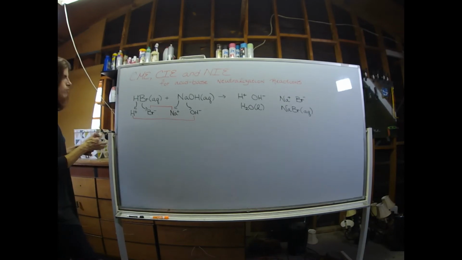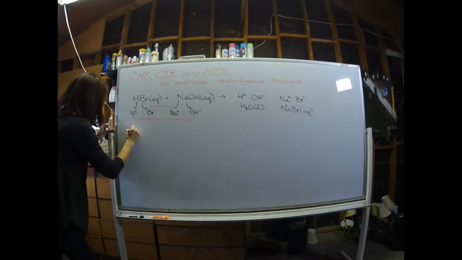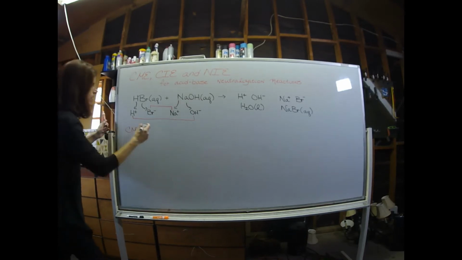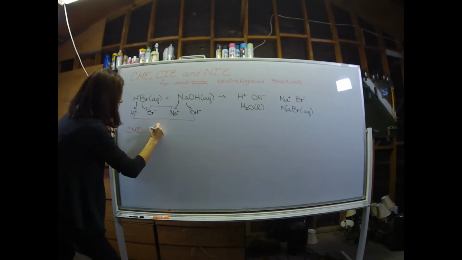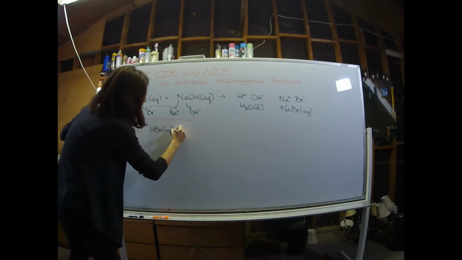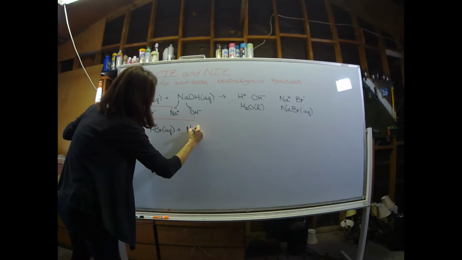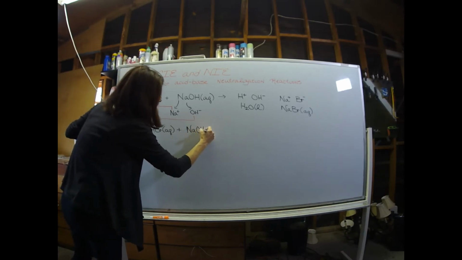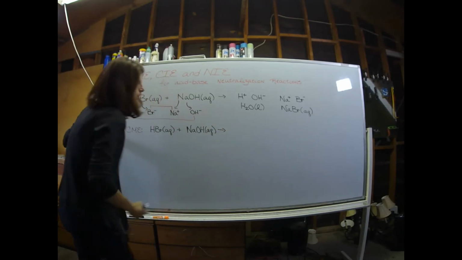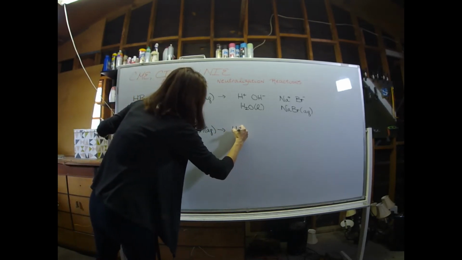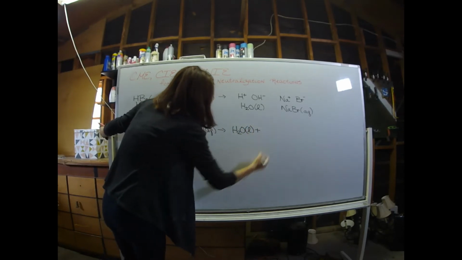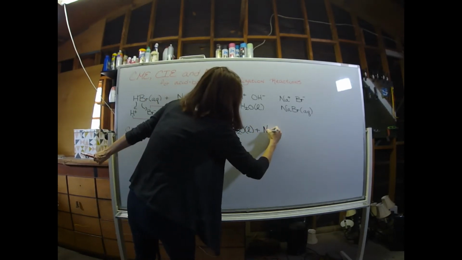So for our complete molecular equation, we have HBr, aqueous, hydrobromic acid, plus aqueous sodium hydroxide, NaOH, forms liquid water, and aqueous sodium bromide.